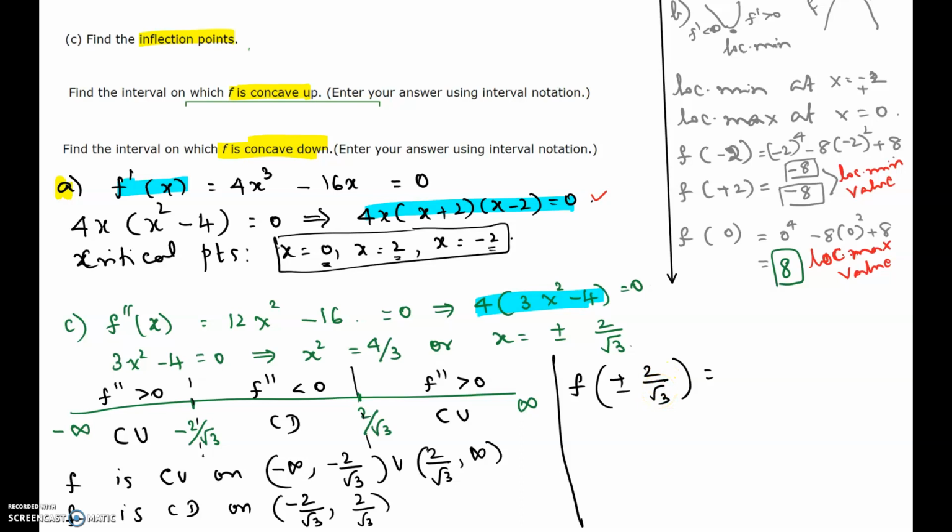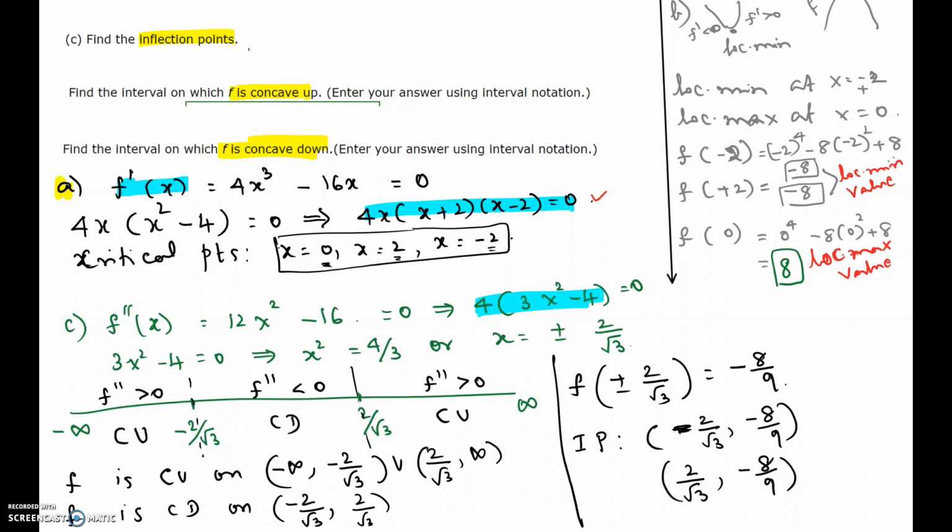If you use your calculator to compute that, you will find these are negative 8 over 9. So the inflection points are negative 2 over radical 3, negative 8 over 9, and positive 2 over radical 3, also negative 8 over 9.